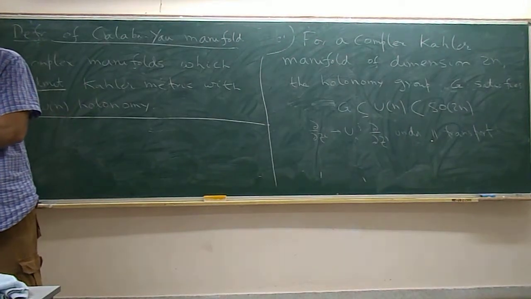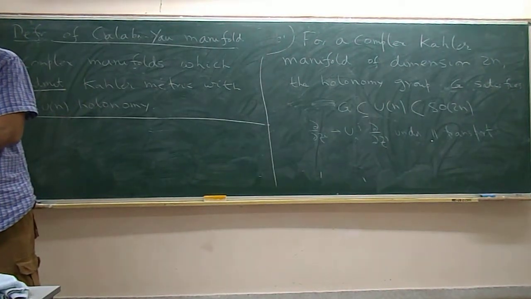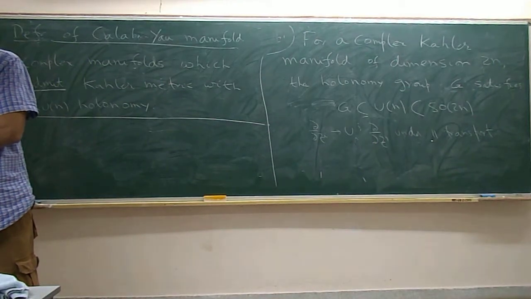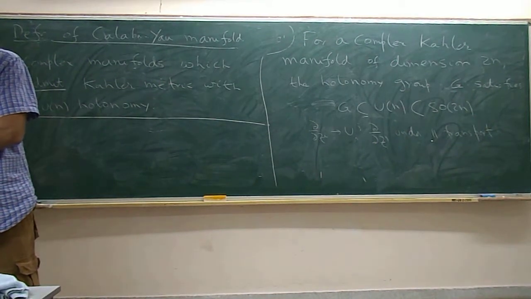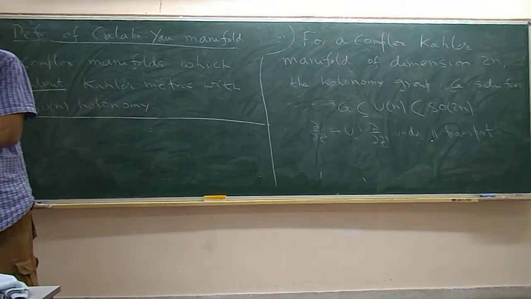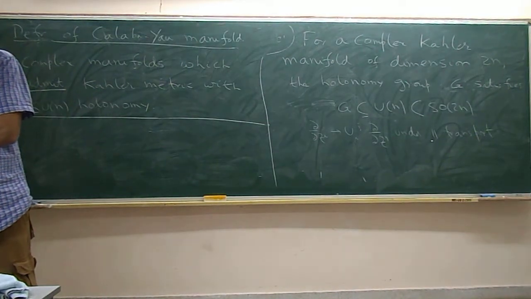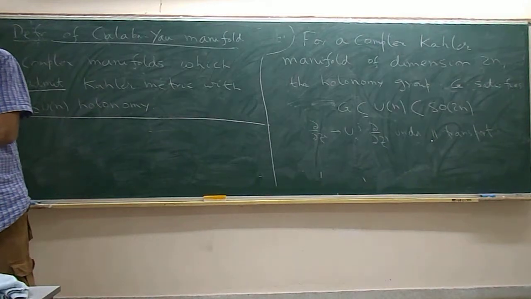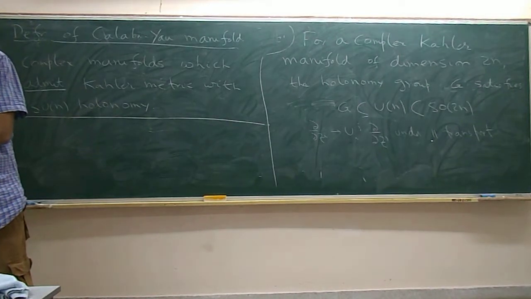And it's impossible to put a flat metric on the sphere. So that shows that a sphere is not a two real dimensional Calabi-Yau manifold. The torus is, because on the torus you can put a flat metric.